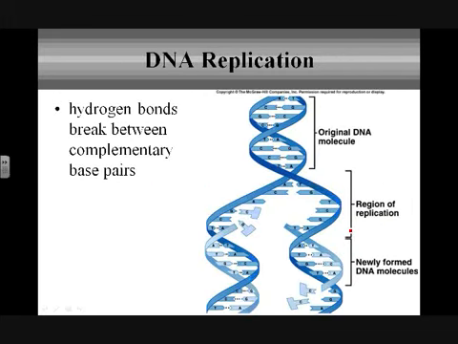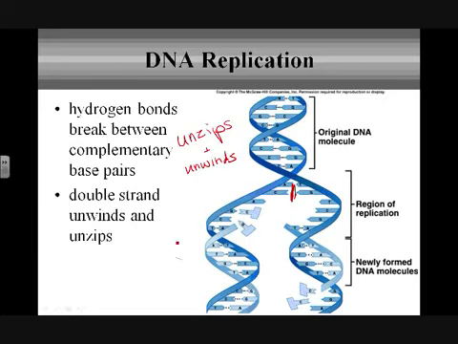When we look at DNA replication, what's actually going to happen is that hydrogen bonds are going to break. They're actually going to start to split between the complementary base pairs. So it's almost like the DNA molecule unzips and unwinds. It's going to uncoil and pull apart.